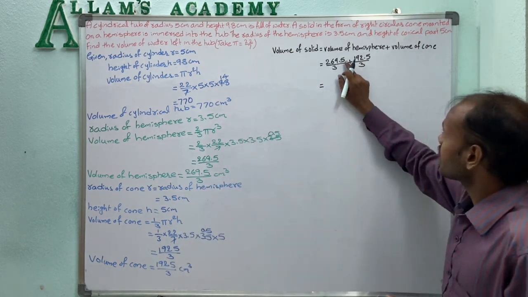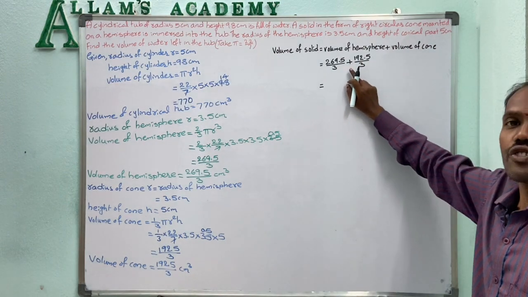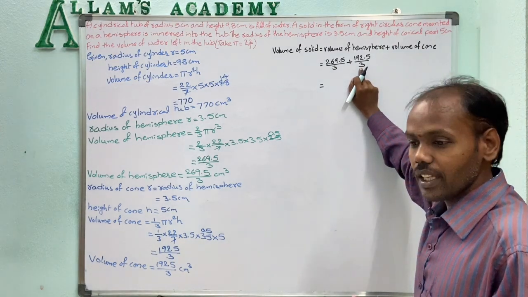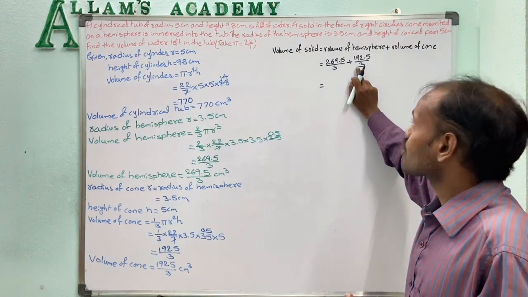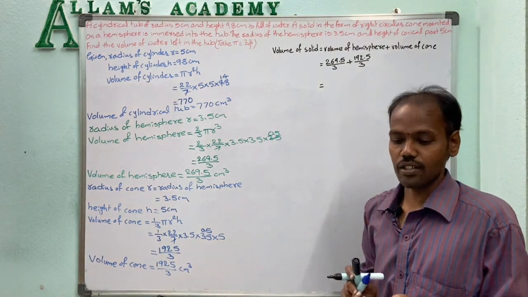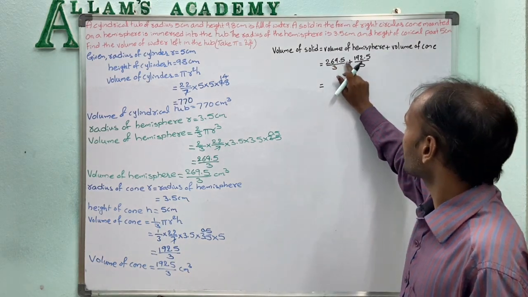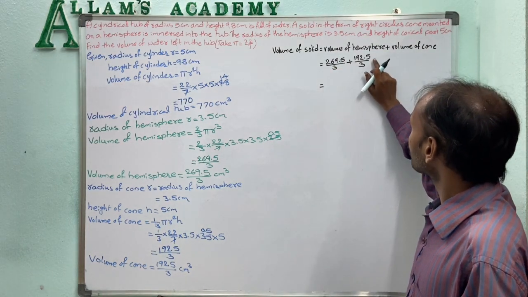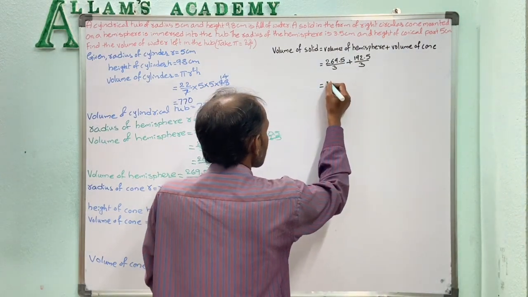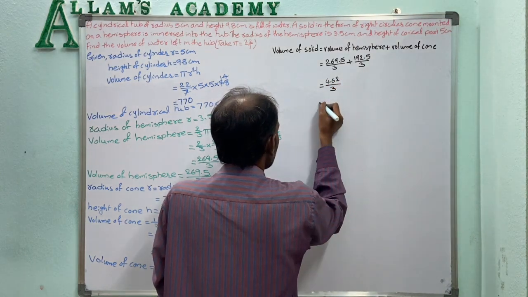Here both have the same denominator, so they are like fractions. For like fractions, we can directly add the numerators. So adding the numerators, 269.5 plus 192.5, that is nothing but 462 by 3.